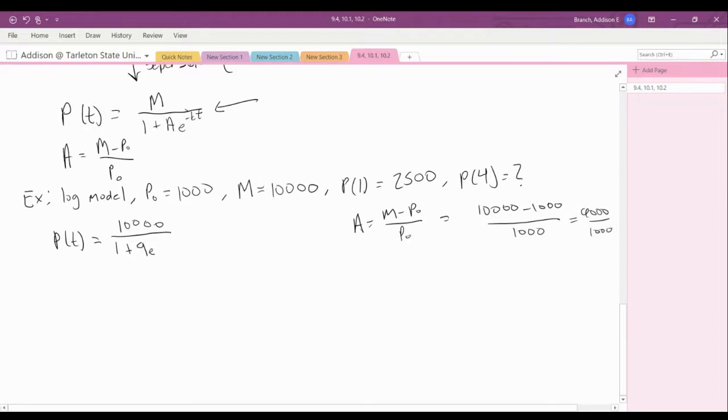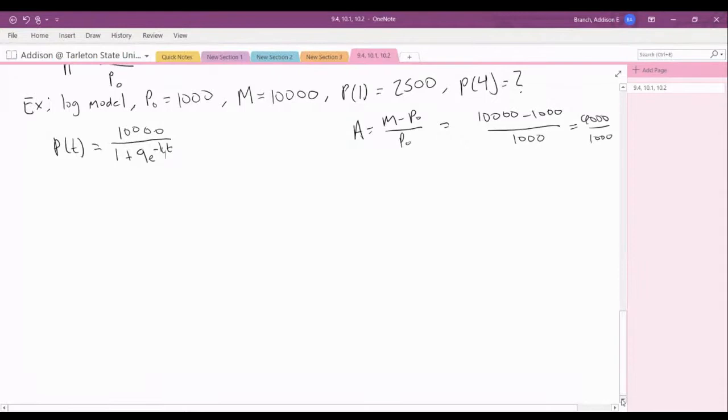E, the thing is we still don't know our k just yet, so we're going to have to just leave that as a negative kt. But since we already have a defined point with that 1 year population, we can actually go ahead and use that to solve for our k.